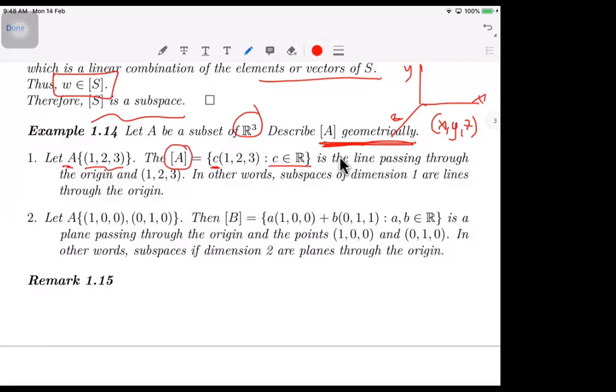Actually, if you have Rn, it is just a line passing through the origin and 1, 2, 3.